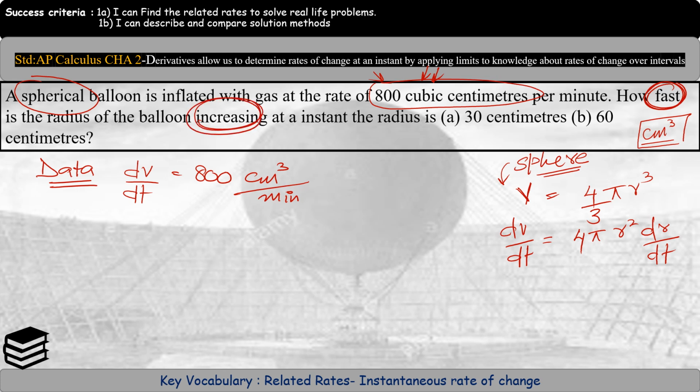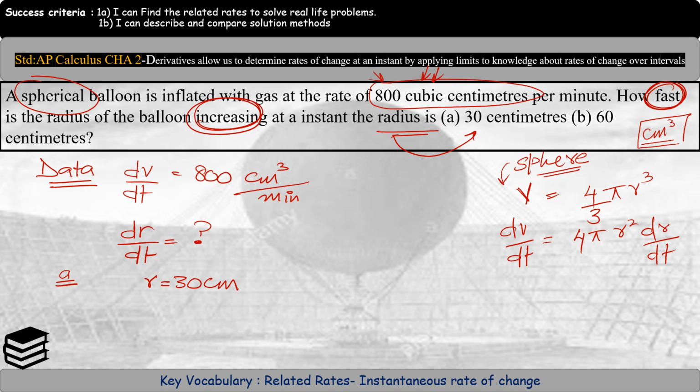These keywords show that they are talking not about the radius but about the rate of change of radius. So dr by dt, you have to find out when the radius is 30 centimeter. So the A part says to find out the dr by dt when the radius is 30 centimeter.